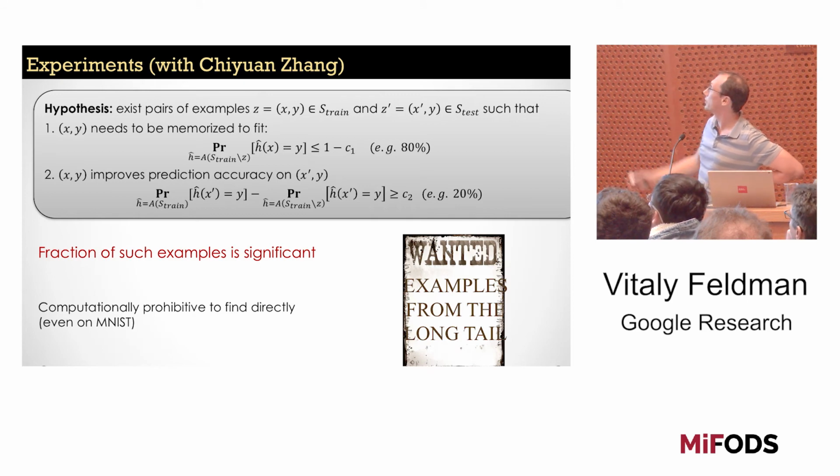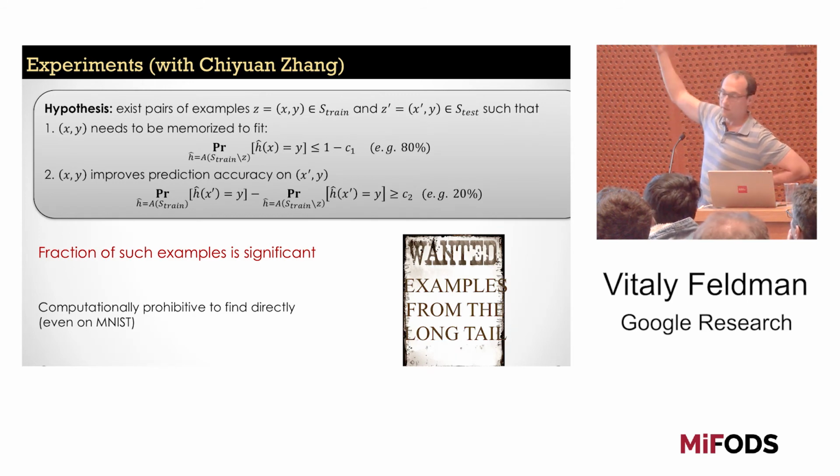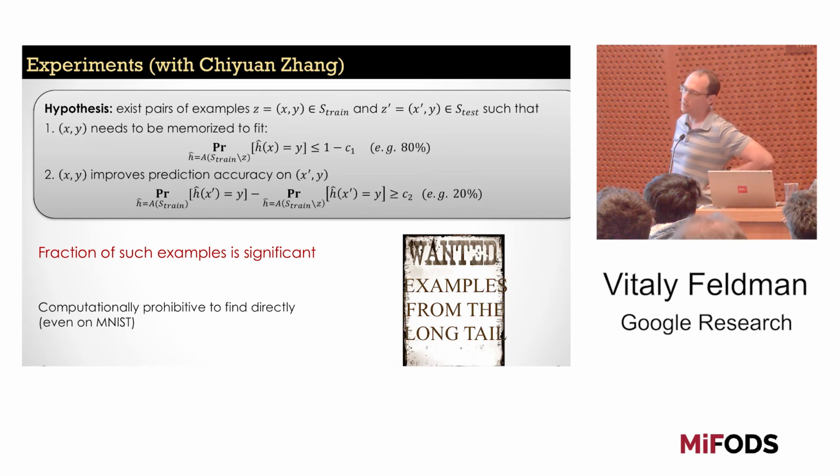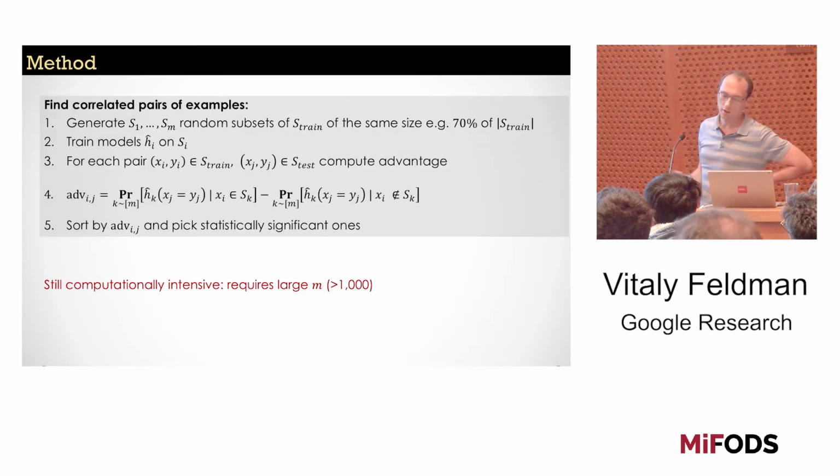Anyway, all in all, there are more than 700 examples with more than 10% advantage, which in this case corresponds to 7% of the test set, which is quite a non-trivial advantage. And again, we verified, and it looks roughly like what you would expect. These advantages are quite significant.